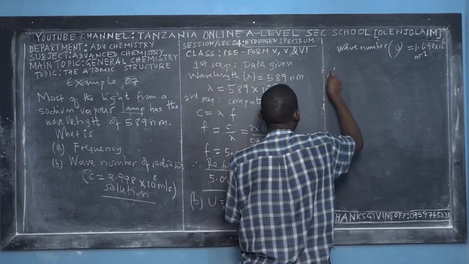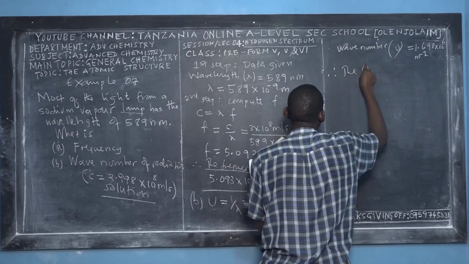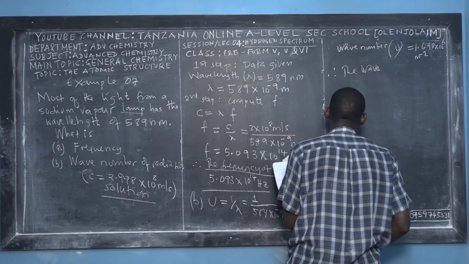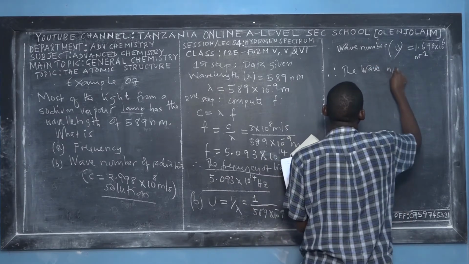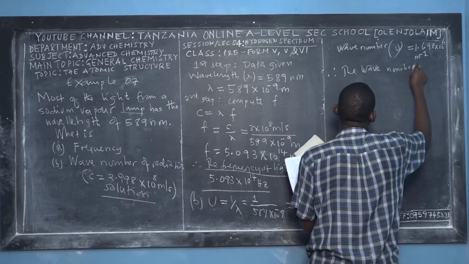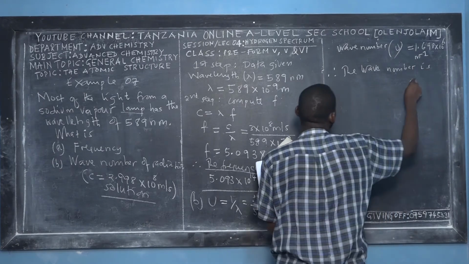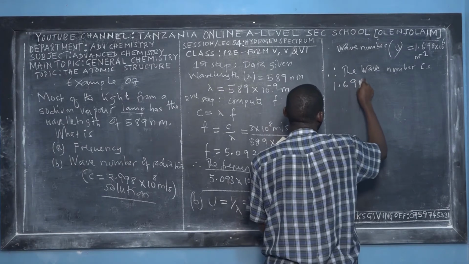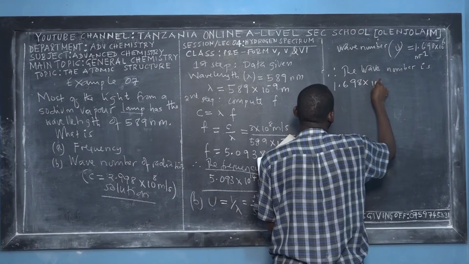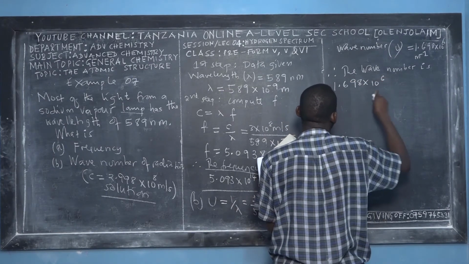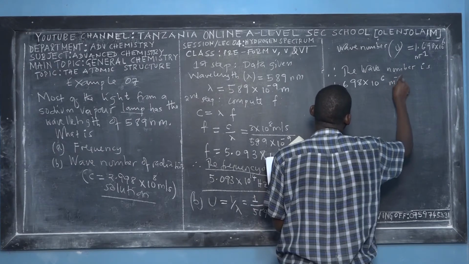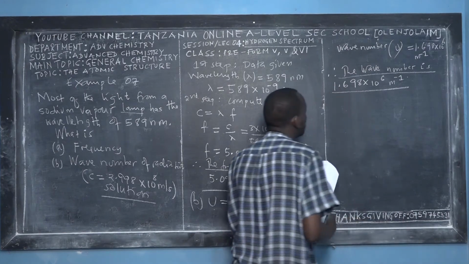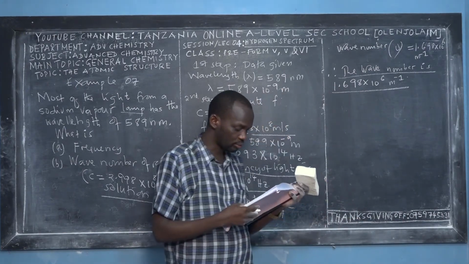To write the right response, you say that the wave number, or the total number of oscillations, the wave number is 1.698 exponent 6 per meter. So that's the response for that question.